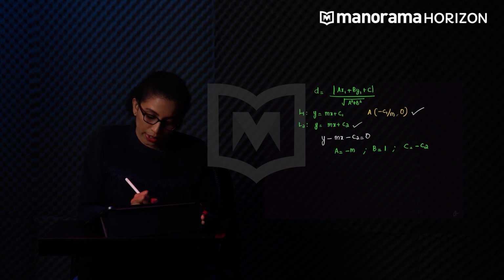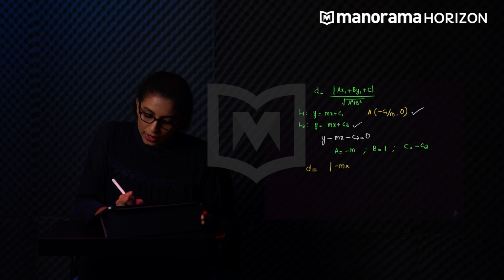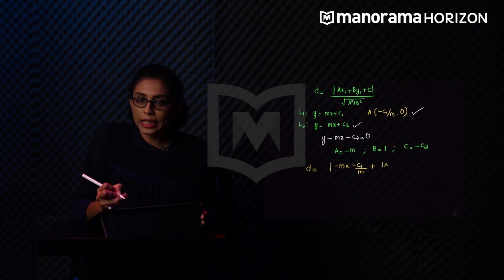So on substituting in D, we get D is equal to modulus of minus m into, what is your x1? x1 is your minus c1 by m, the x coordinate of point A, plus B is 1 into y1. What is y1?